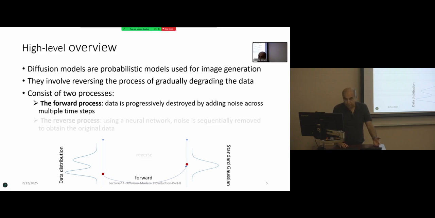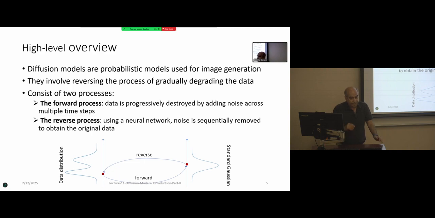So that's the forward process. And then the reverse process is that you can sample any sample from this Gaussian distribution, and you denoise, and then come up with a sample which looks like an image, which is amazing. It's magic. You start with complete noise, and you get an image which looks real. And people are having a hard time distinguishing real and synthetic.